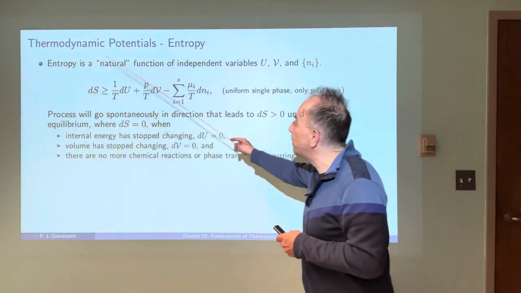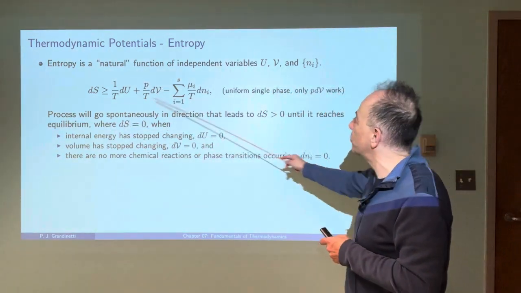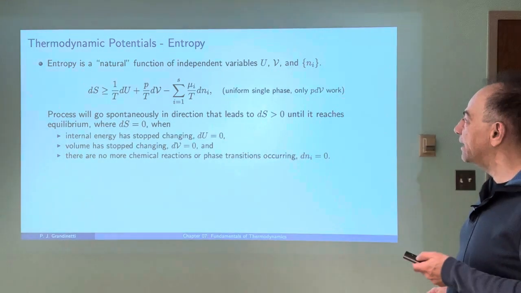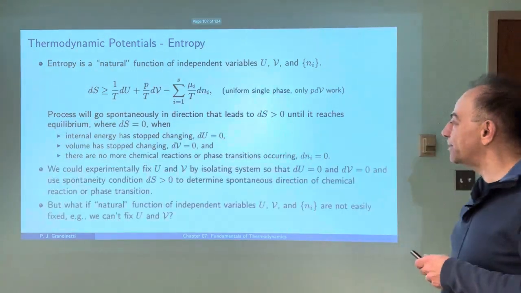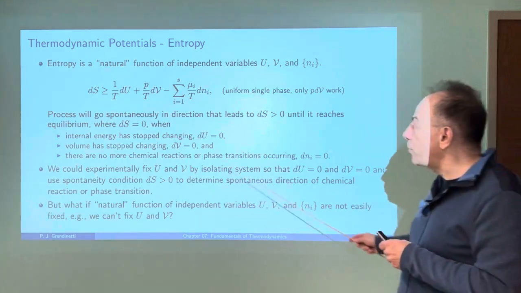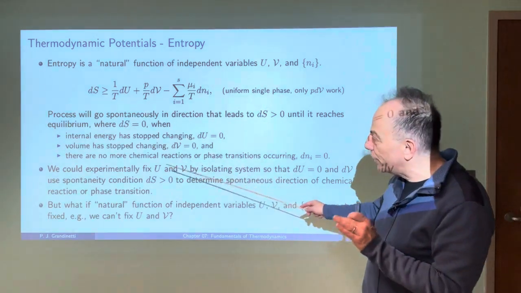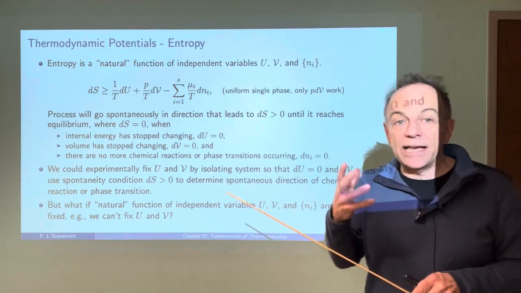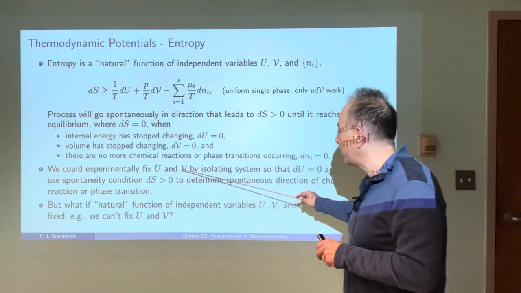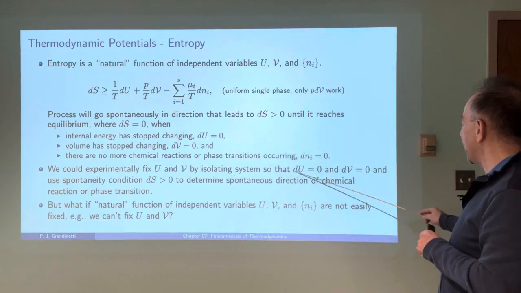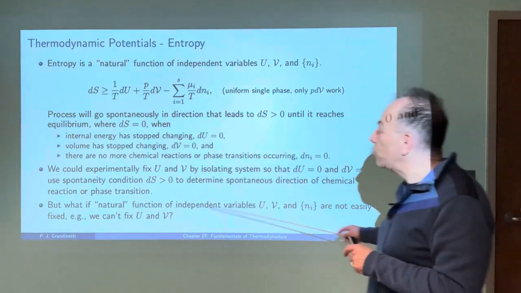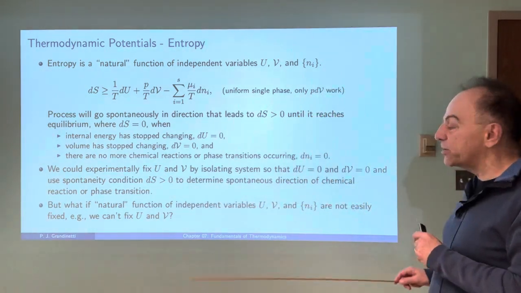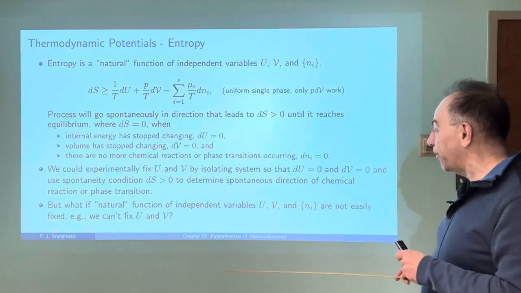So we see that entropy is a natural function of these variables, the energy, the volume, and the number of moles of each, or the amount of each substance that's present. Now, we could experimentally, if we could, fix the energy and the volume. So if we could prevent the energy from changing and prevent the volume from changing, then we could use this spontaneity condition to determine the direction in which that chemical reaction would go, right?